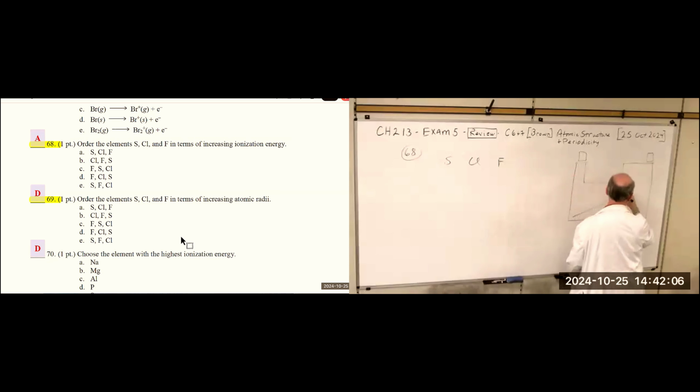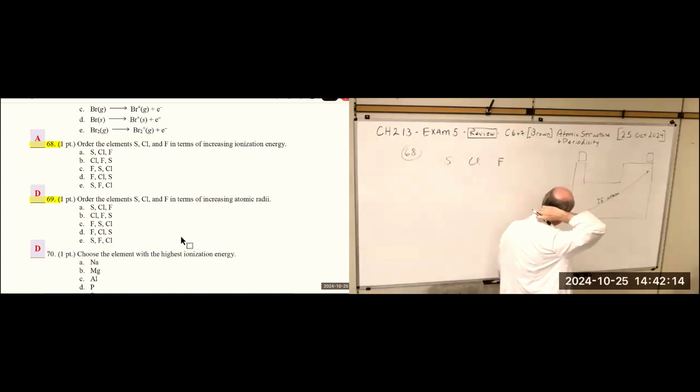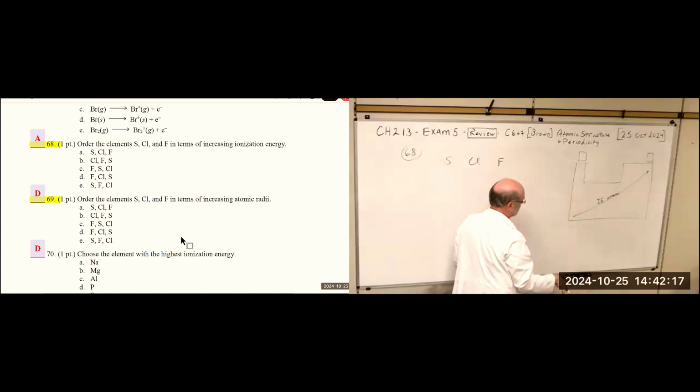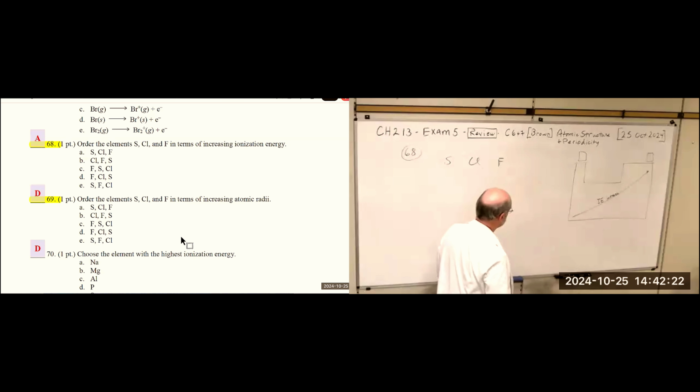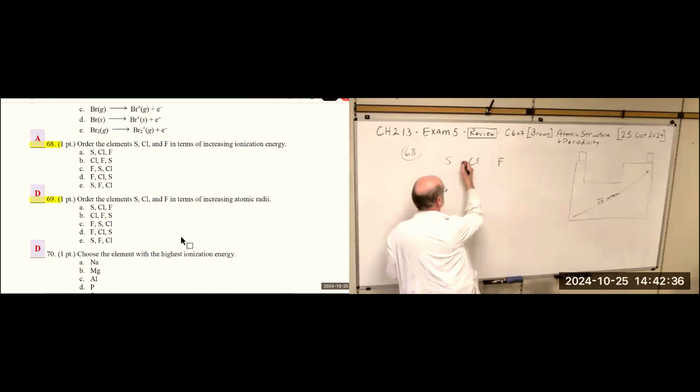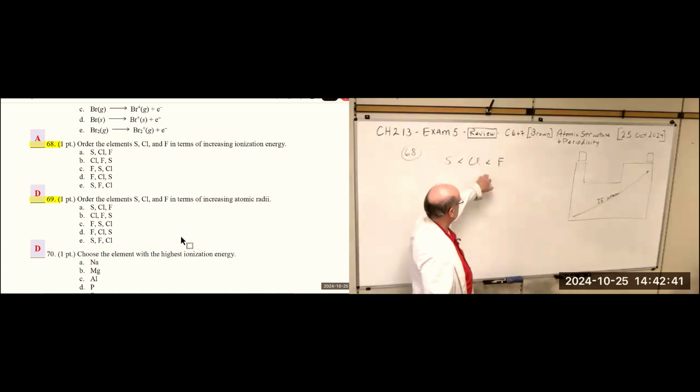Ionization energy is increasing from lower left to upper right, or within a period from left to right, and within a group from bottom to top. So if we put these in order, we just need to say what's their relative position. Sulfur's down to the left of fluorine and chlorine. So this is the correct order of increasing ionization energy: fluorine is the most, chlorine is next, and sulfur is last.